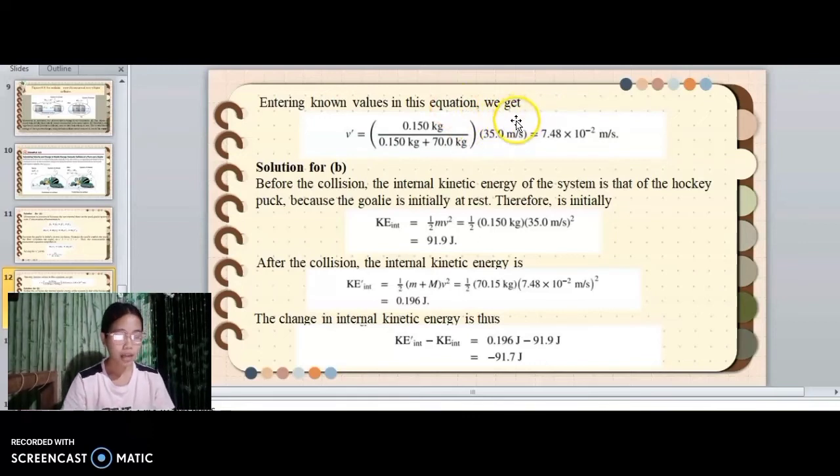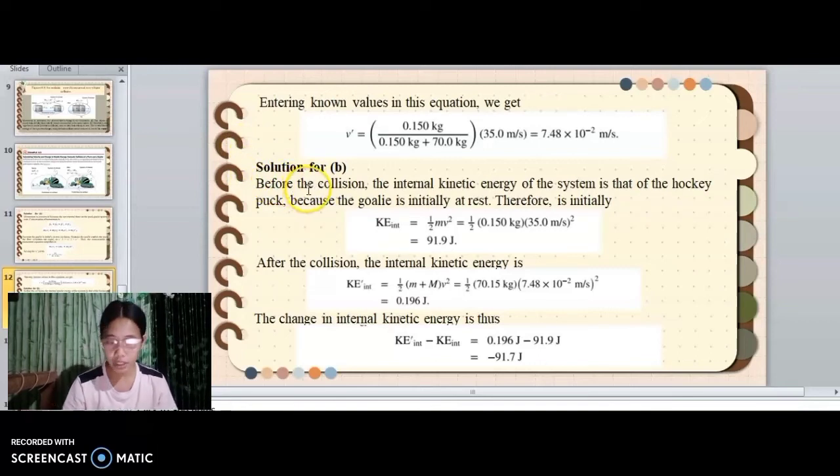So our answer will be 7.48 times 10 to the power of negative 2 meters per second. So now that we have found the final velocity, we are going to solve for B, in which we are asked to find the loss of internal kinetic energy.